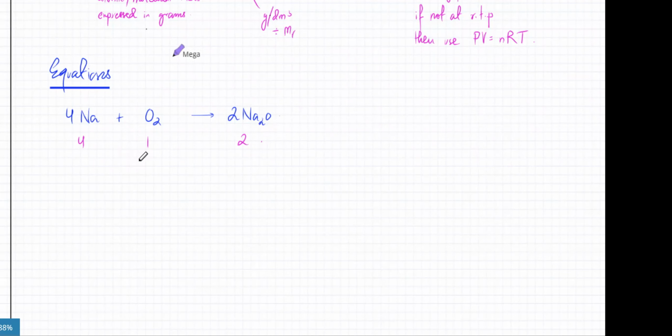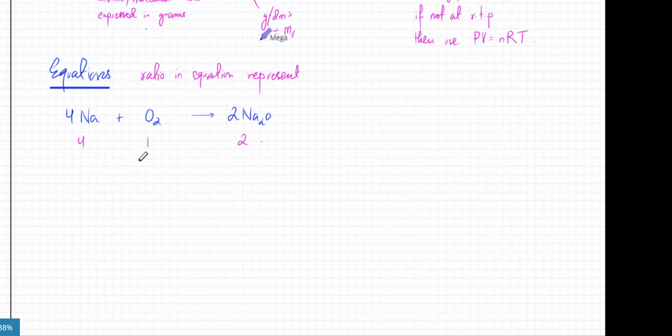So the ratio in the equation represents the mole ratio. Be careful with that. It doesn't mean that if there are 400 grams here, then according to the ratio there would be 100 grams there.